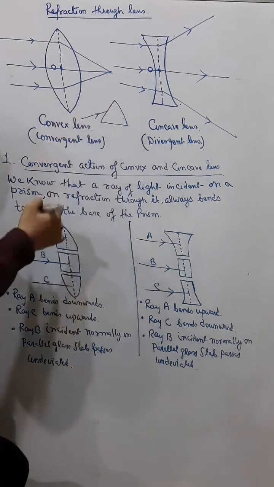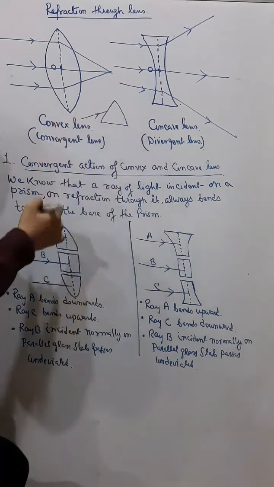So here also we can understand that if you see ray A, after refraction it will bend towards the base, so it will bend like this. Similarly ray C, after refraction, will also bend towards the base. The base is upward here, so it will bend like this.